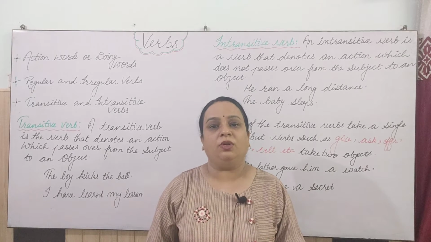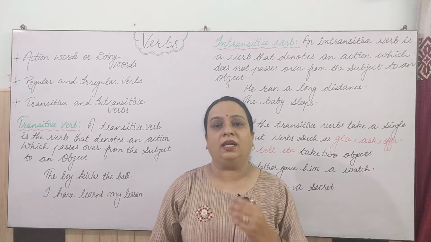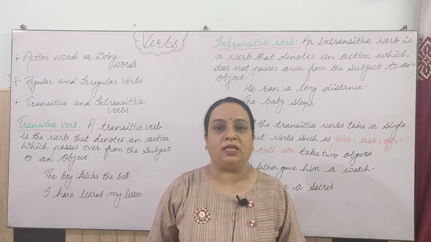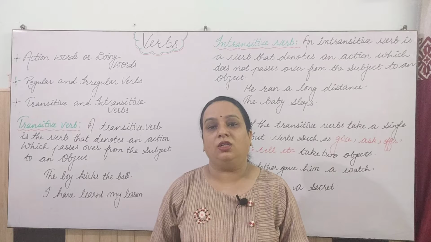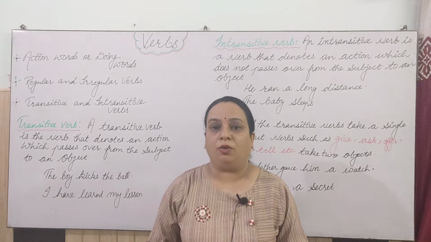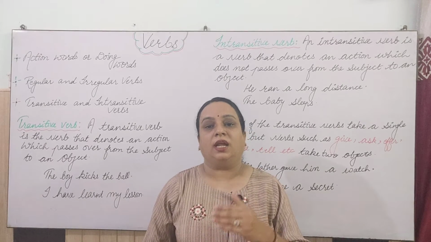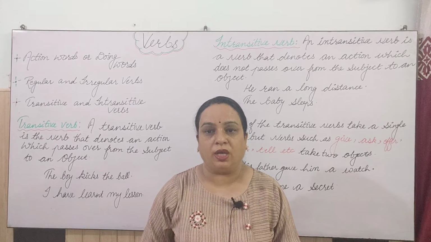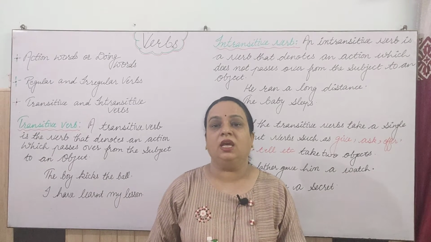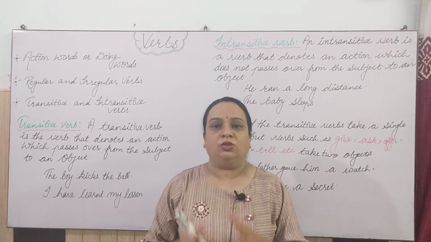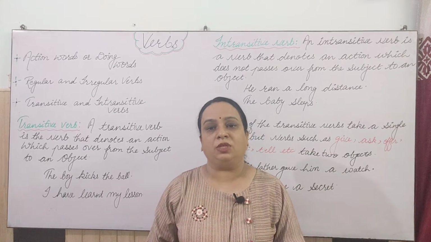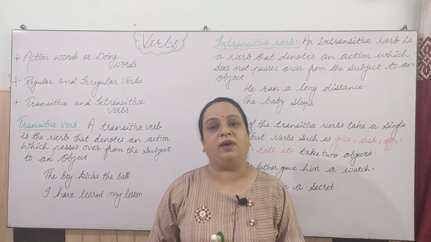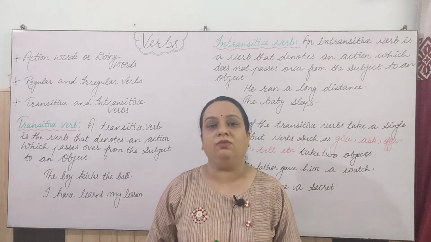Indirect objects are the receivers, or in simple language, the persons, and the direct objects are the things which the receivers receive. So the things are considered direct objects. This knowledge of objects will help us a lot in transitive and intransitive verbs.